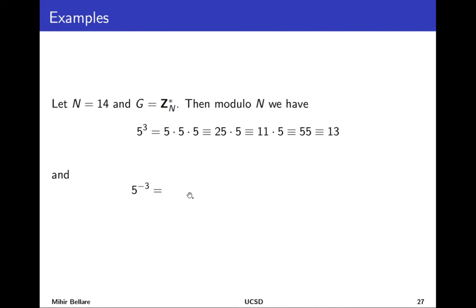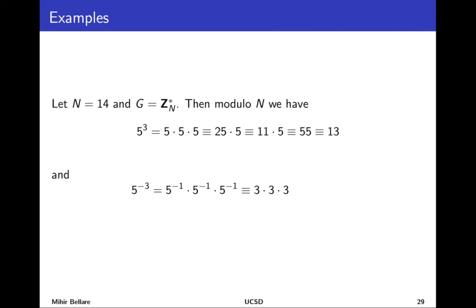What about 5 to the negative 3? Again, the question is being asked inside this group over here, so it's all mod 14, even though the 14 doesn't appear explicitly there. So 5 to the negative 3 will be: take the inverse of 5 and multiply it by itself 3 times. So we'd have to know what the inverse of 5 is. What does that mean?